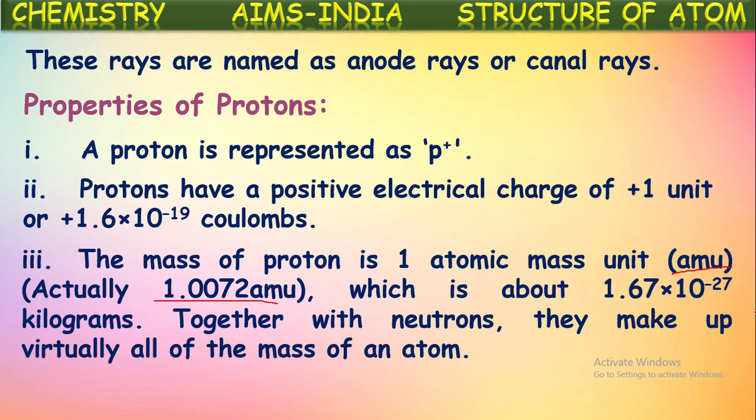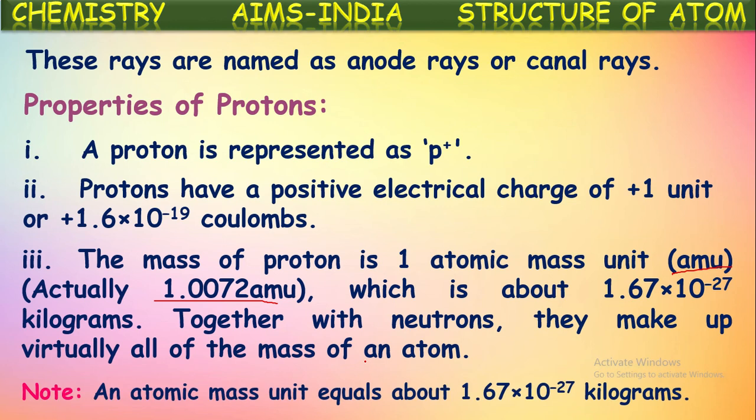Together with the neutrons, protons make up virtually all the mass of the atom. The total mass of the atom is due to the protons and neutrons present in the nucleus, because the electron's mass is very small compared to the mass of protons, so we consider it negligible. Now the total mass of the atom is because of the protons and neutrons only.